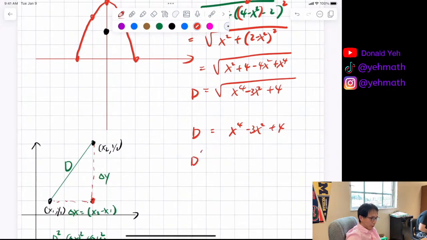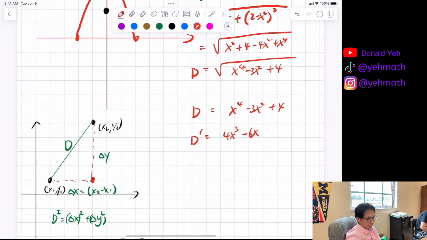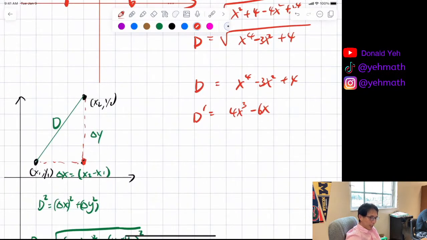So we're going to do d prime here. It's going to be 4x cubed minus 6x. And now set it equal to 0.